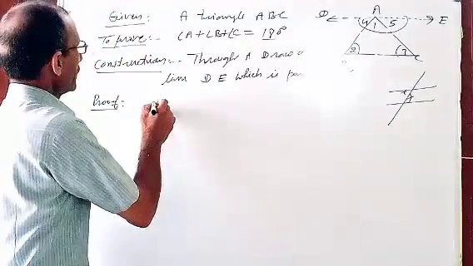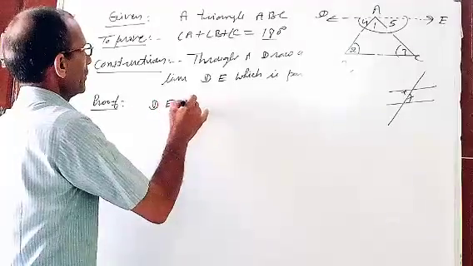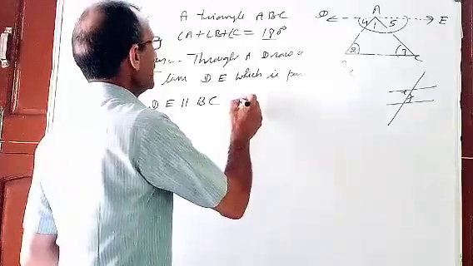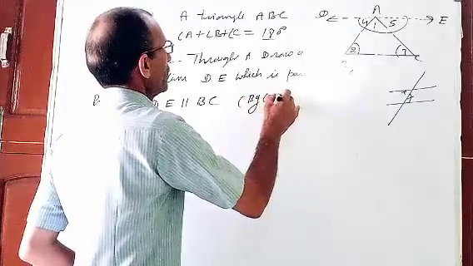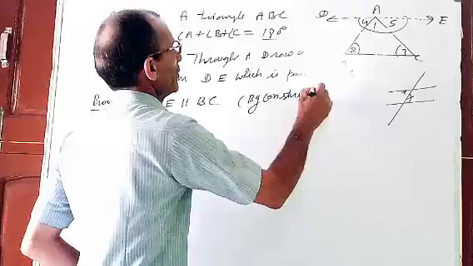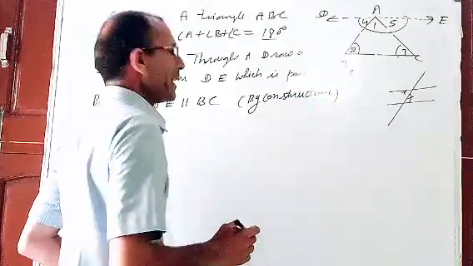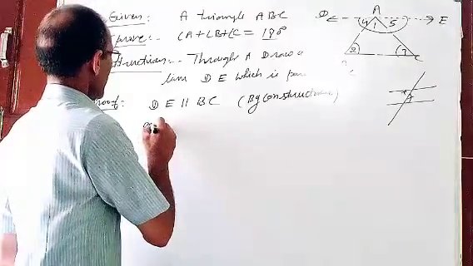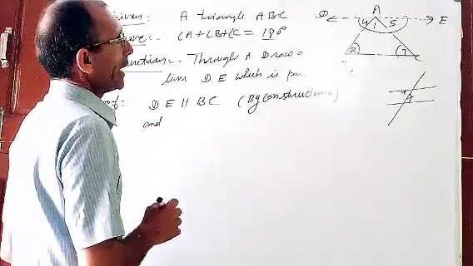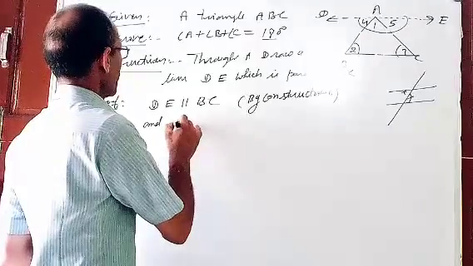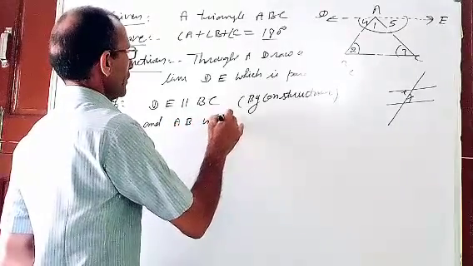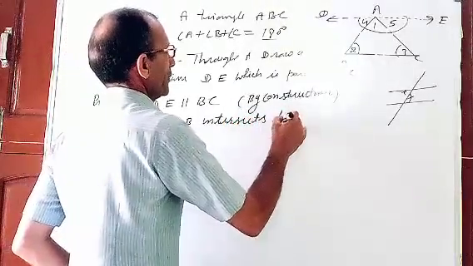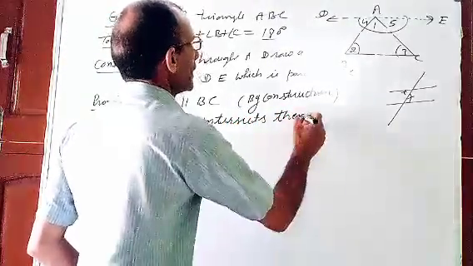Now see, proof. DE parallel BC by construction, and AB intersects them.